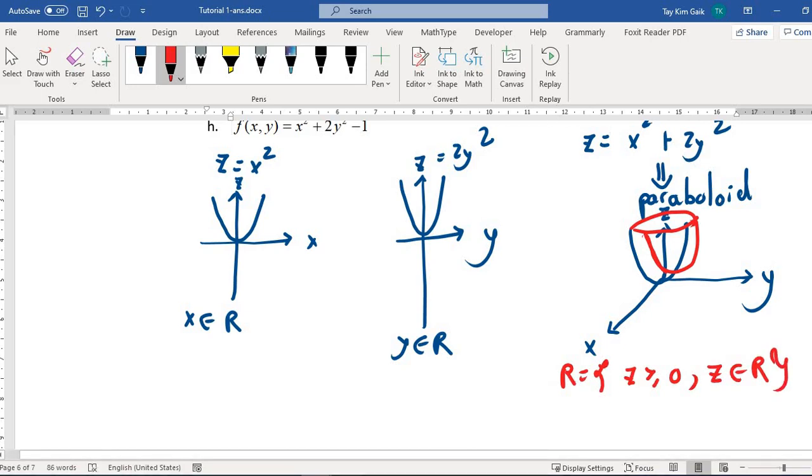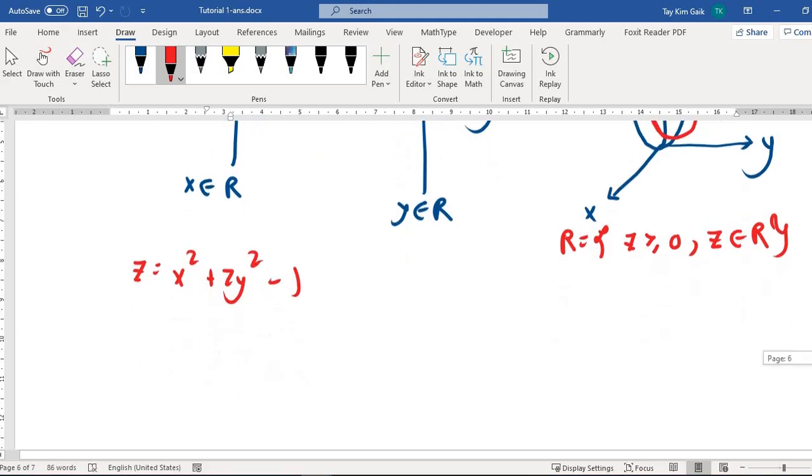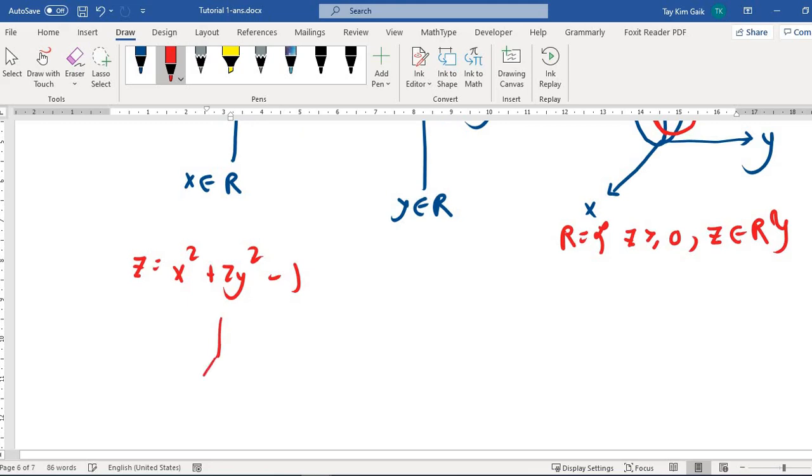But if you now have z equal to x squared plus 2y squared minus 1, this paraboloid will be shifted down 1 unit. So the paraboloid is now at the bottom, at negative 1.